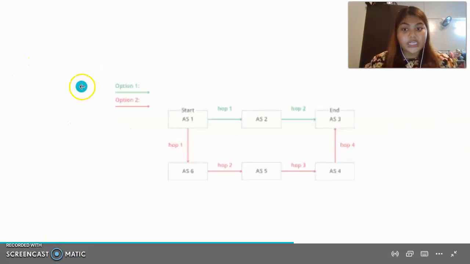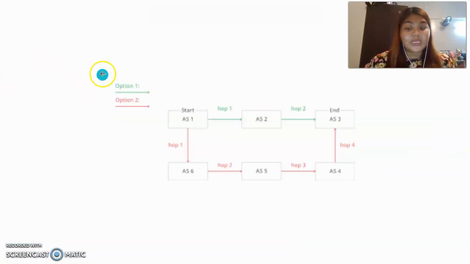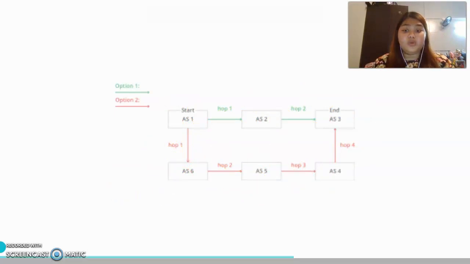So here is the simplest example for us to understand how it works. They have two options here, option 1 and option 2. AS is autonomous system. Here we have 6 autonomous systems: 1 network, 2 network, 3 network, 4 network, 5 network, and 6 network.